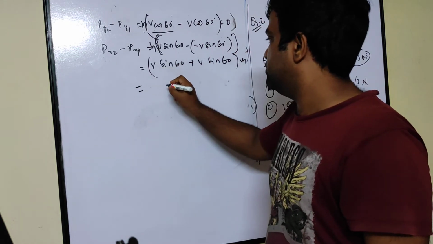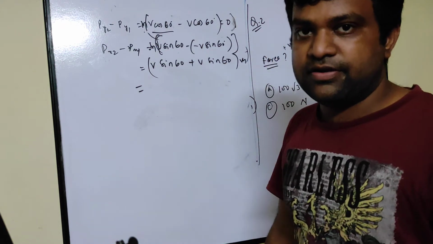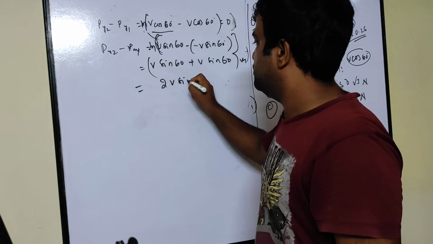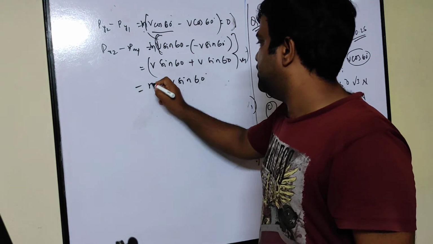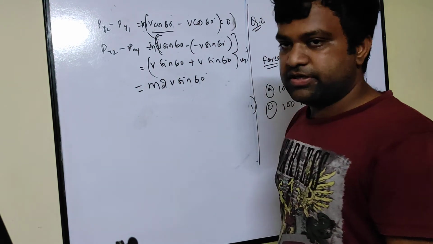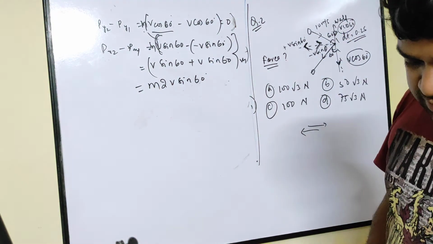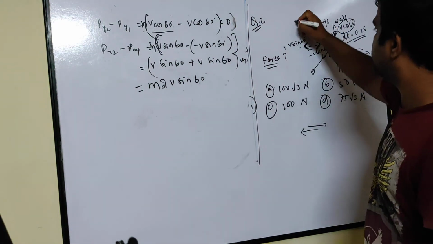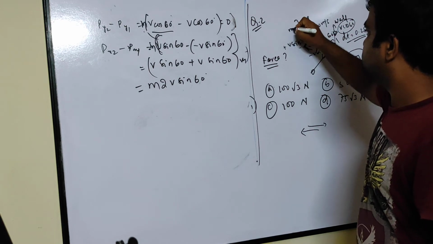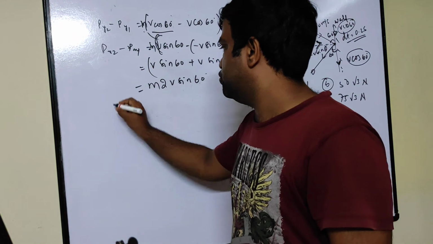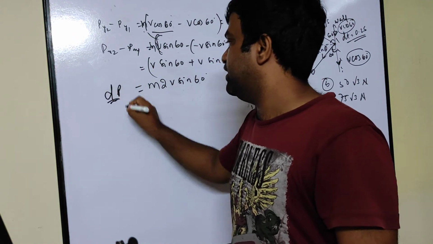So this is 2 times v sin 60, so this is 2mv sin 60. So we have all the data. Mass of the ball is given, 3 kg is the mass of the ball. So your dp you can get.